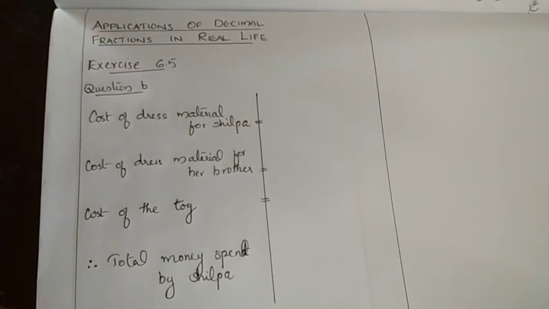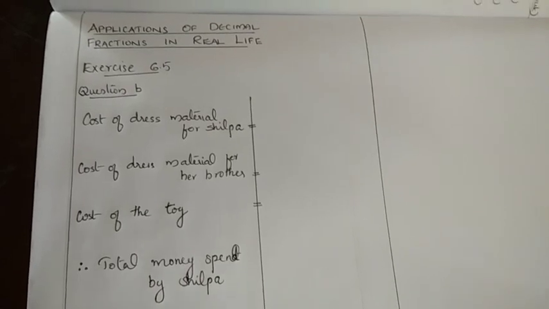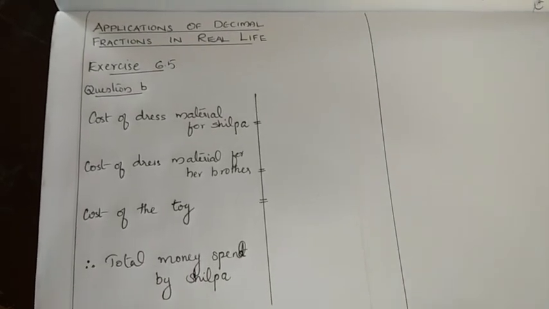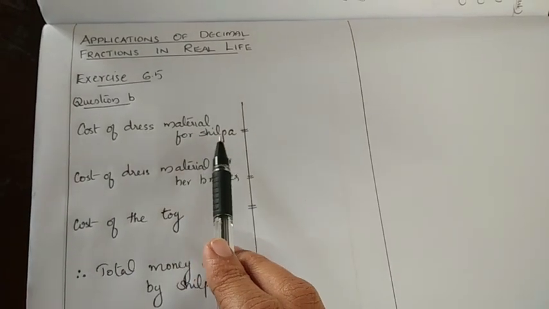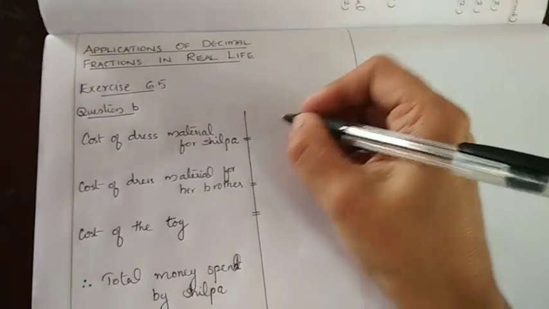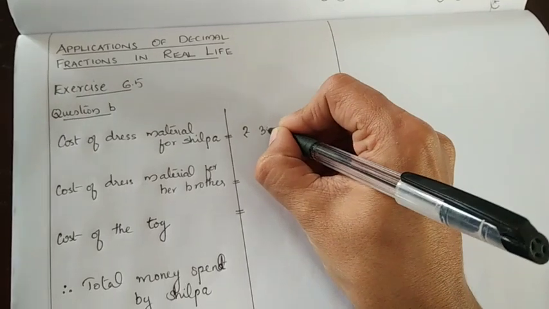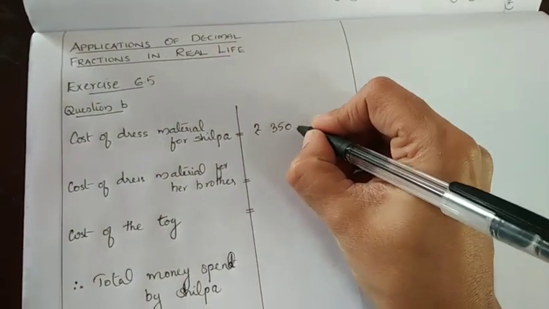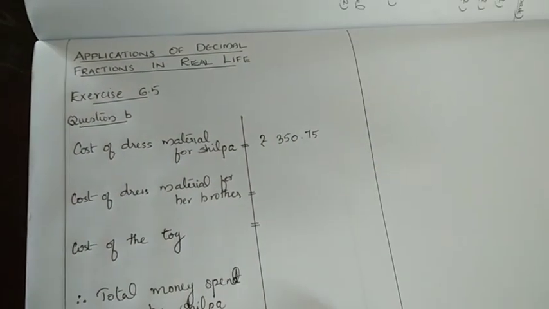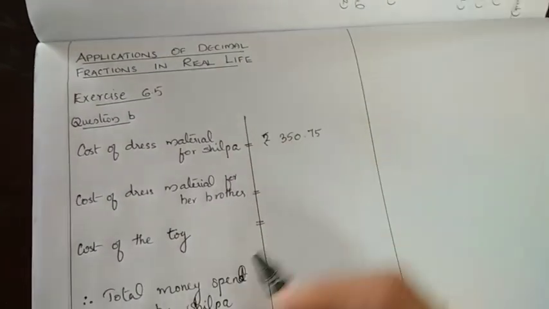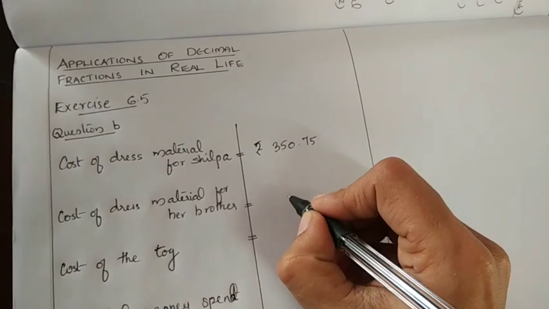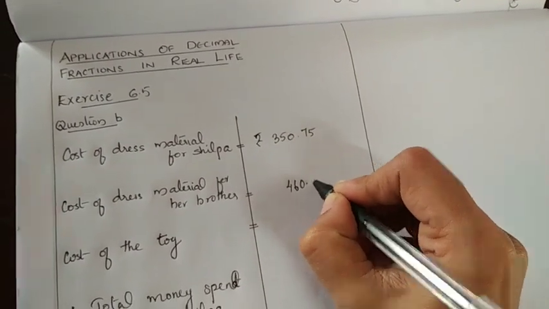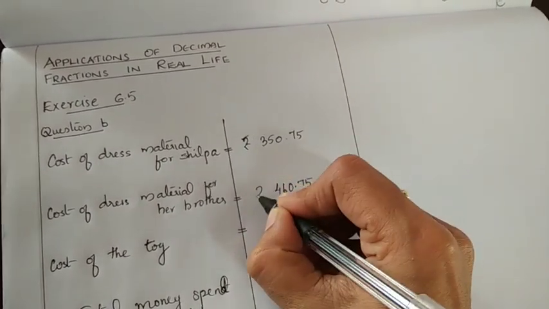In your notebook, you should write the statements like this. After writing the question, answer. Cost of dress material for Shilpa. How much was that? Rupees 350.75. Next, cost of dress material for her brother, that is rupees 460.75.